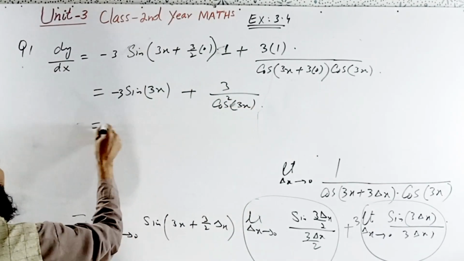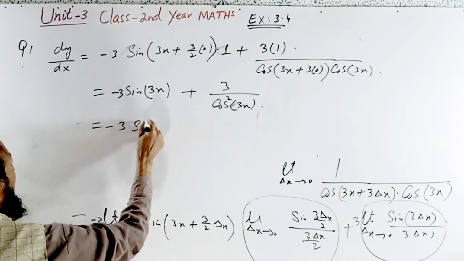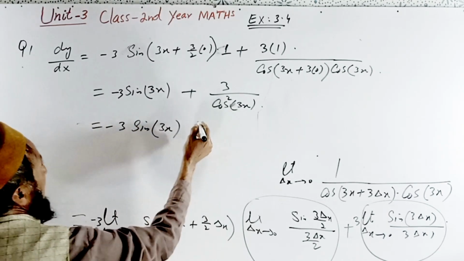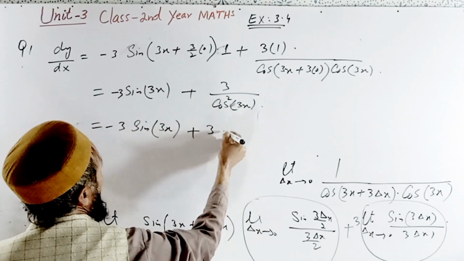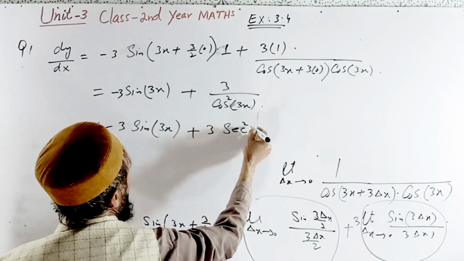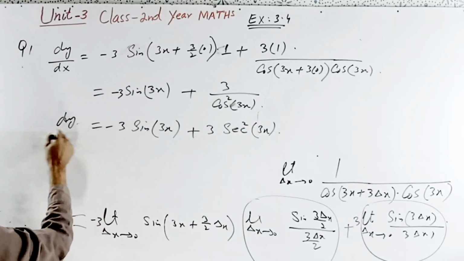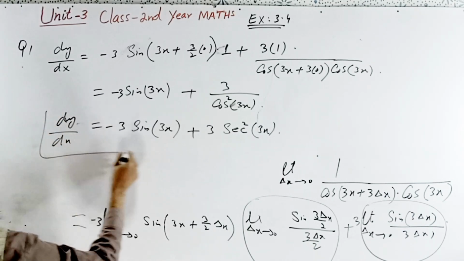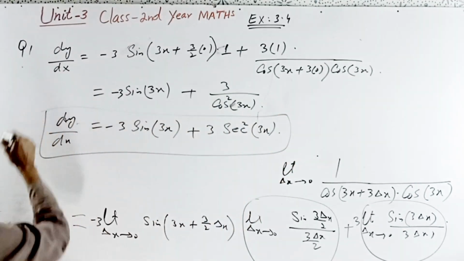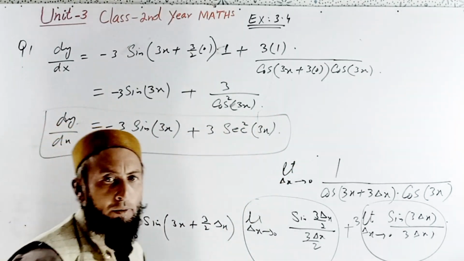We get minus 3 sine 3x plus 3, we can write this as secant square 3x, which is the required result of differentiating with respect to x by using the first principle rule.